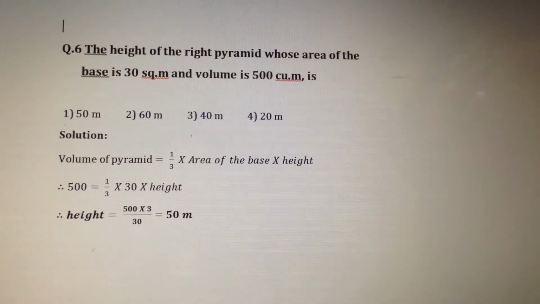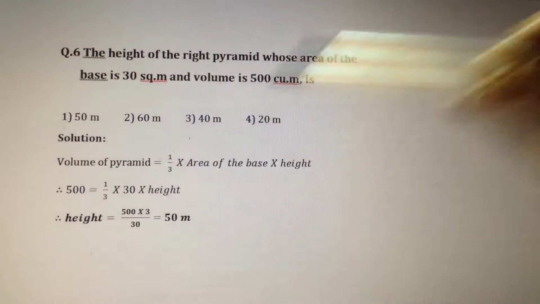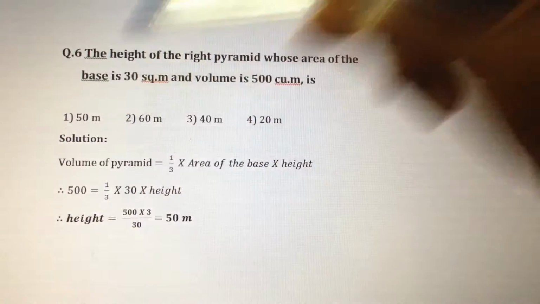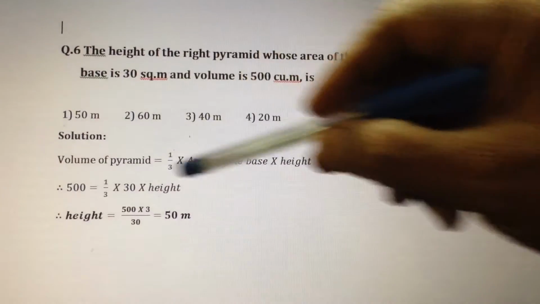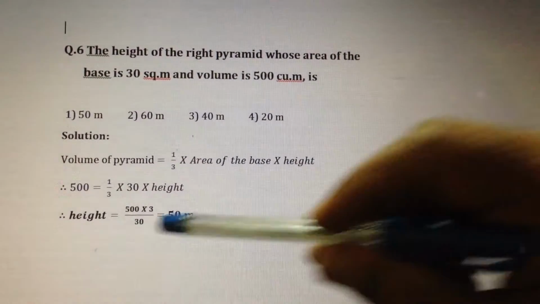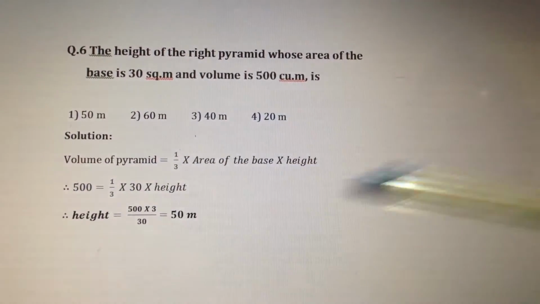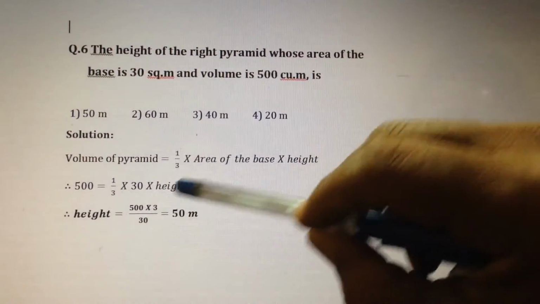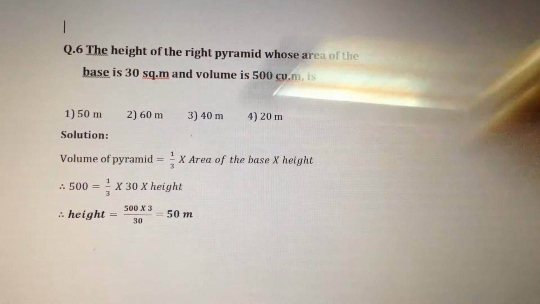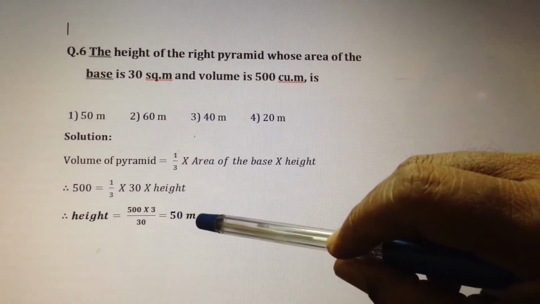In the problem, area of the base is given and volume of the pyramid is given. So all we need to do is substitute those values in this formula. Therefore, 500 is equal to 1 by 3 into 30 into height, and height is equal to 500 into 3 by 30, which is equal to 50 meters.